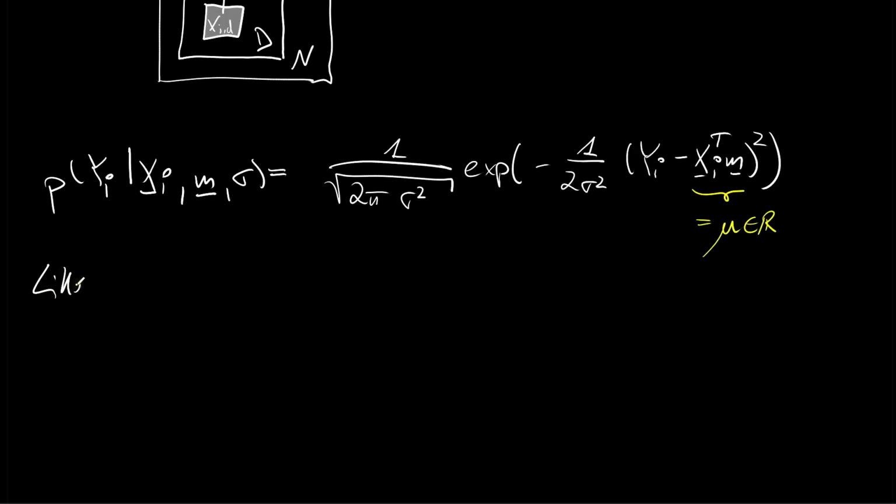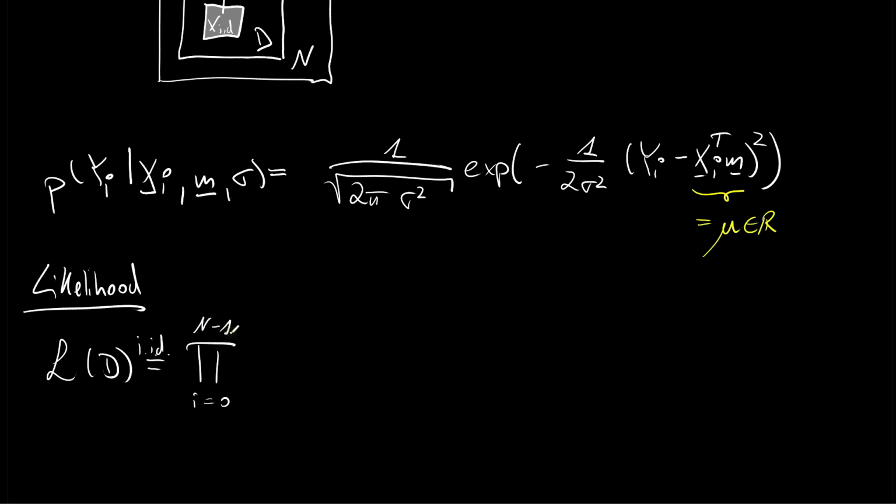And then we can use this probability in order to define our likelihood. So let me define the likelihood. The likelihood of our data, given an IID assumption, is the product over all our data points, so from i=0 to capital N minus 1, over the probability that our y_i is the ith observation, and x_i is going to be the ith observation of x as well. So again, we have a vector here, and then we have our m and sigma.